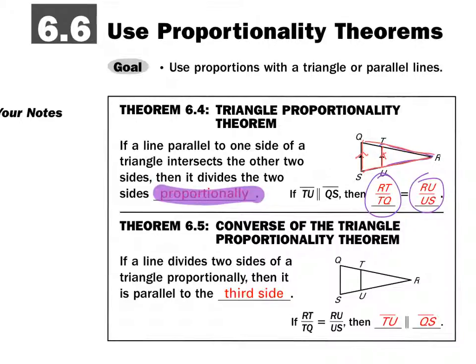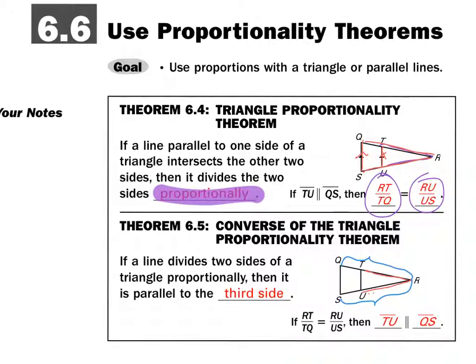The converse of the triangle proportionality theorem says that if a line divides two sides of a triangle proportionally, meaning RT over TQ, TQ would be here, should equal RU over RS, right?